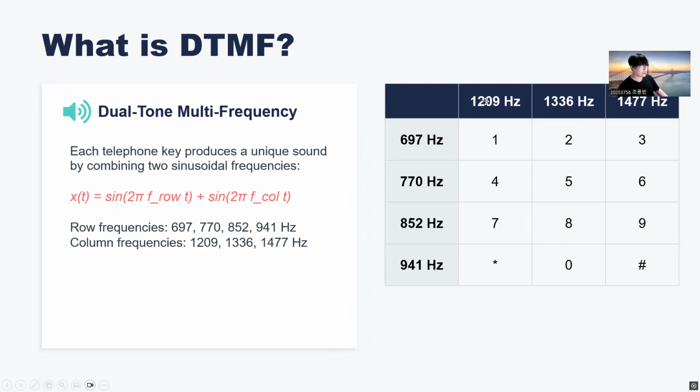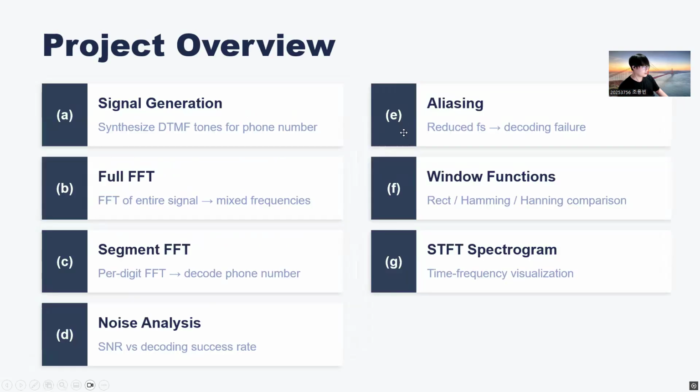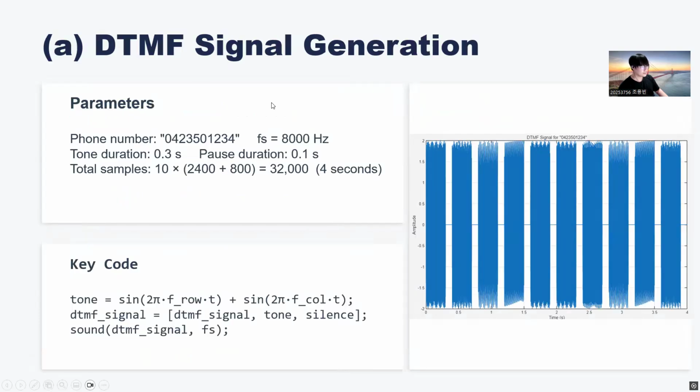Now we'll start with problem 1, signal generation of DTMF. So I'll just select a random phone number, which is 0423501234.